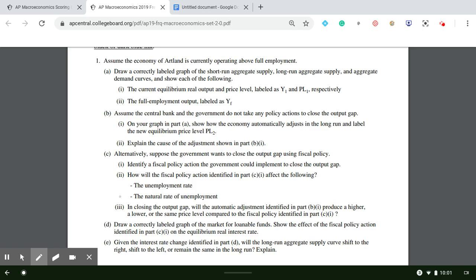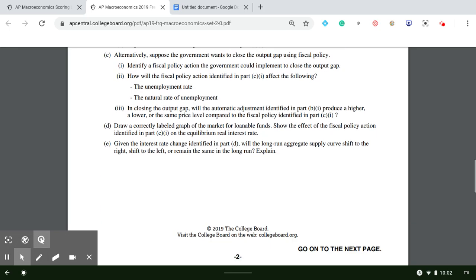So if we've created more goods that make more goods, we're more productive, and that will shift the long run aggregate supply curve to the right. So if interest rates fall, you have higher capital formation, which shifts the long run aggregate supply curve to the right. If interest rates rise, the long run aggregate supply curve shifts to the left because you have less capital formation. Okay, so that was that.